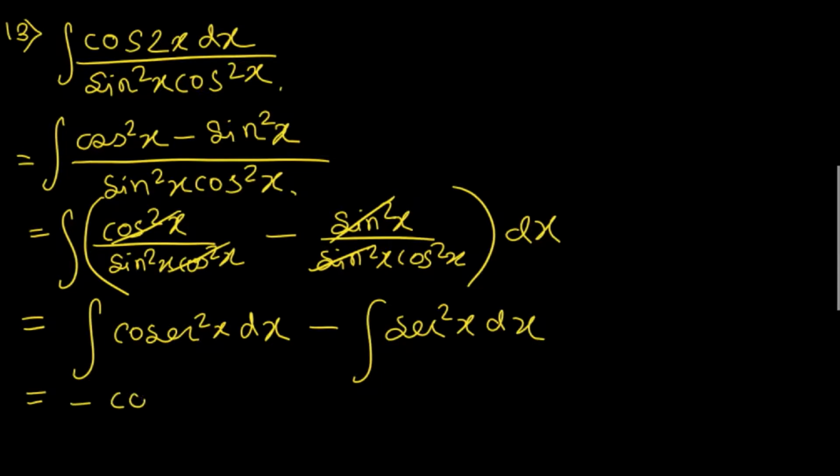So we get minus cot x minus tan x plus c. So this is the answer.